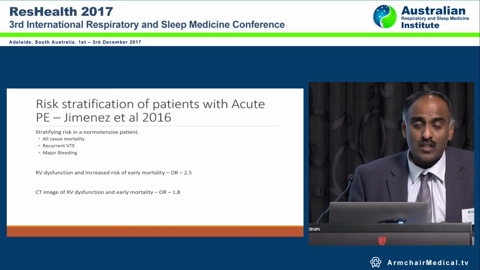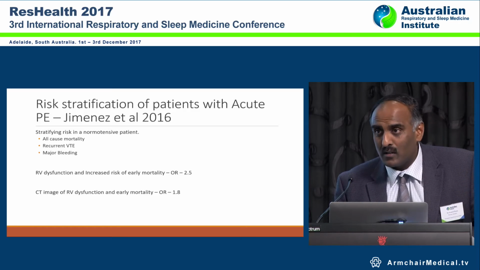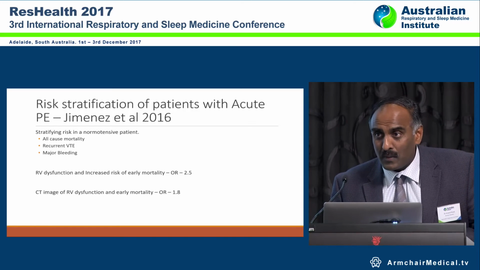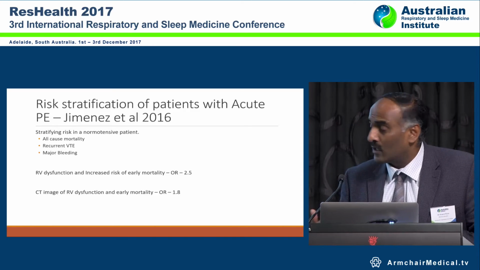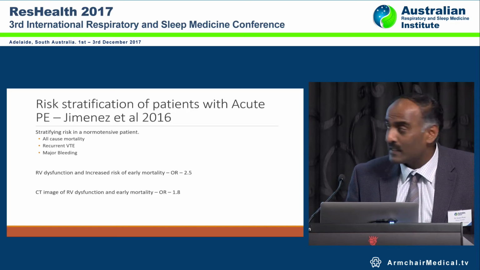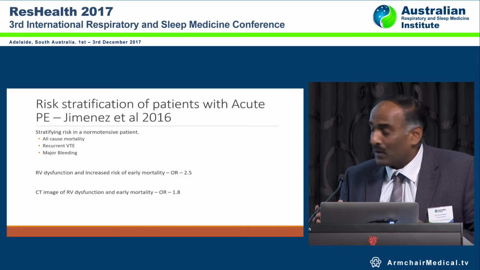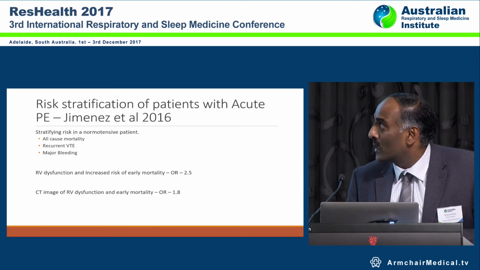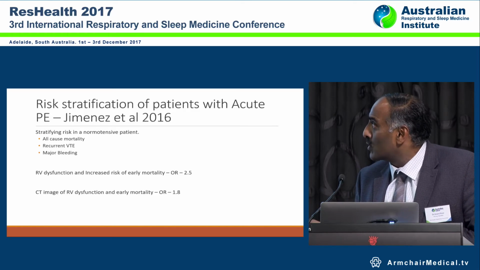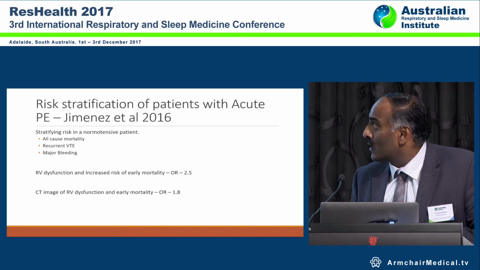We all know if a patient's hypotensive and has pulmonary embolism, it is a no-brainer. We need to either monitor them in intensive care and look at treatment options, including thrombolysis. It's well laid out, and it is standard practice. The problem area is really the normotensive patient. So this study looked at all-cause mortality, recurrent VTE, major bleeding, and RV dysfunction.